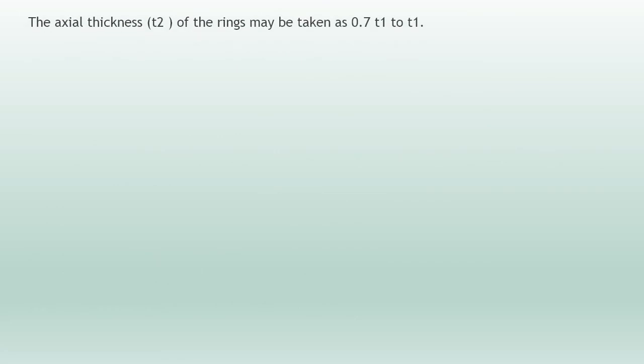Then next step is to calculate the axial thickness, that is T2, for this ring. It may be taken by the empirical relation as 0.7 T1 to 1 T1. Okay, both are correct.